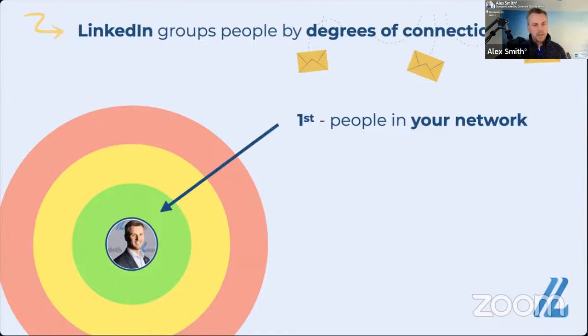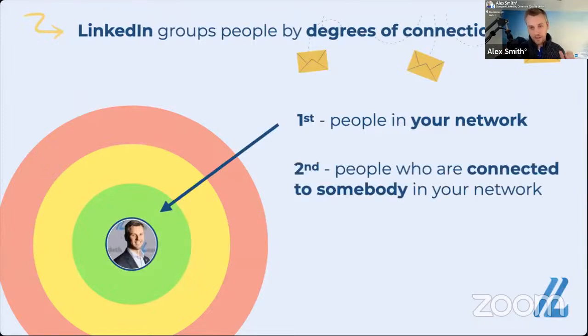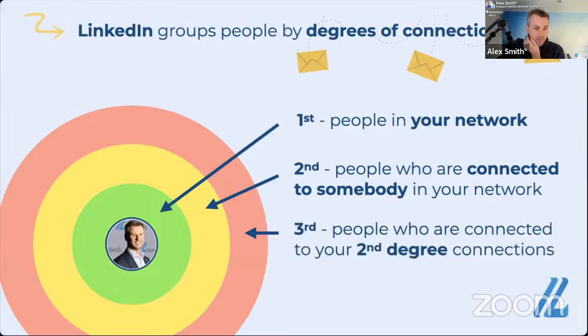And then the second degree, you've got people who are connected to somebody, so somebody in the first degree will be connected to them already, so they're very, very easy to then connect with. The third degrees, they're a bit harder to connect to because you don't really have anyone mutual between yourselves, so it's really hard to tap into that third degree market. You can do it still. If it's super relevant, your messaging is relevant, you still can tap into the third degrees, but always try to focus on building the second degree and then the third degree.